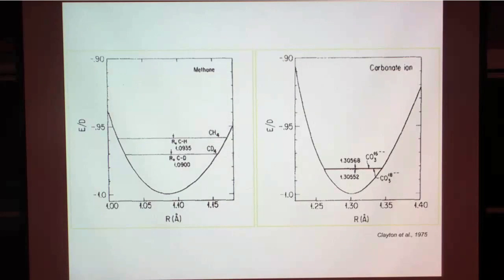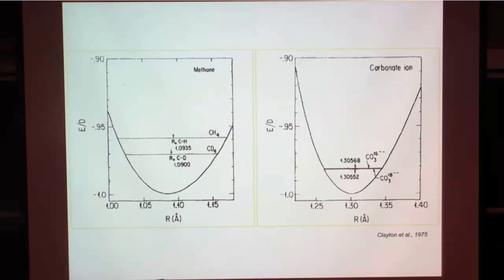And this is an example from Bob Clayton's group in Chicago in 1975, where you're looking at the difference in the vibrational frequencies and the bond lengths of methane between hydrogen or deuterium. And you see there's a pretty big difference in these vibrational frequencies, whereas over here, when you're looking at the difference between oxygen-16 and oxygen-18 in the carbonate ion, that difference is smaller.